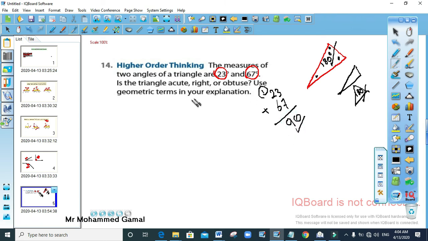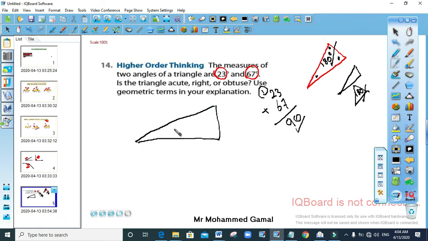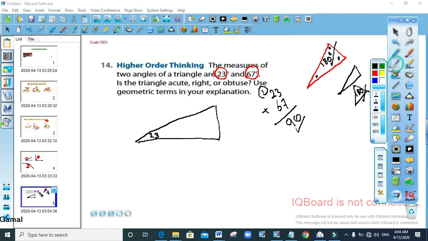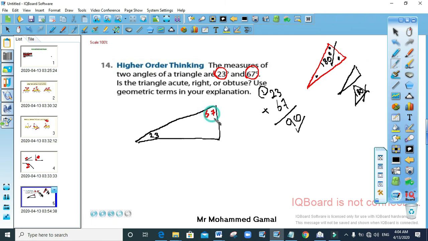To know what is left over for the third angle, for example, here we have this triangle. The first angle is 23, and the second angle is 67. We need to know what this angle is. I added this one plus this one, which is 90.